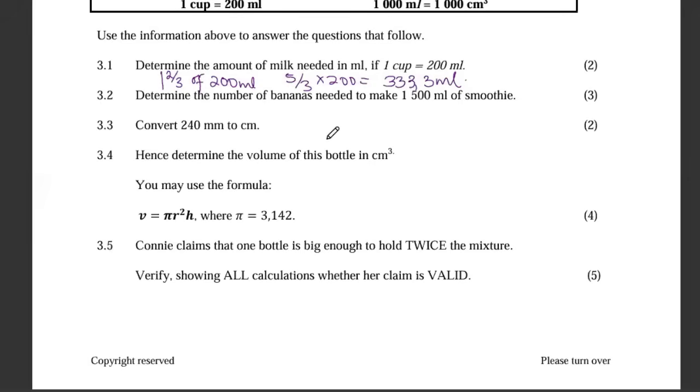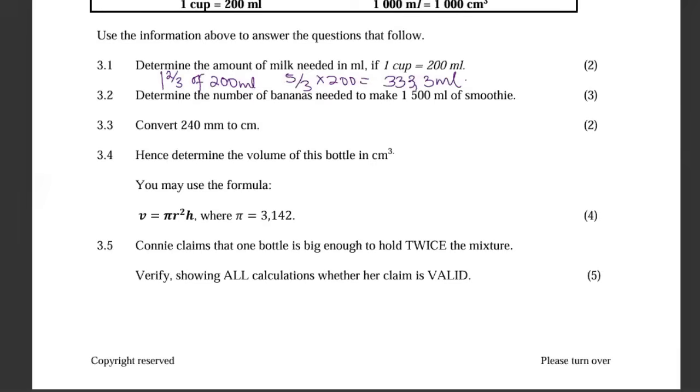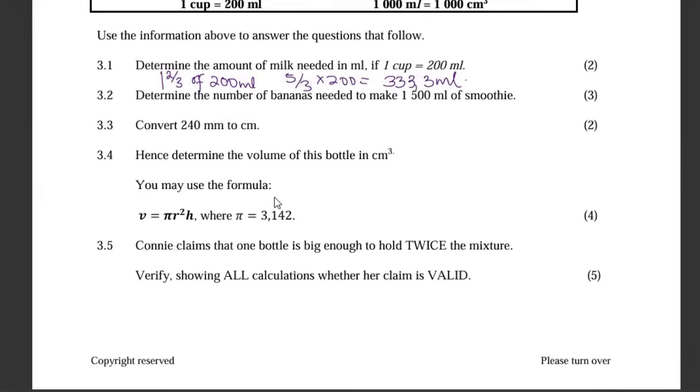Okay, determine the number of bananas she needs to make 1,000 ml. Okay, so now we come here. Let's look at this scenario. The scenario says a medium size, 1 banana, right? But 1 banana is for 550 mils. How many bananas do we need? So if 1 is for 550, how many bananas shall we need?